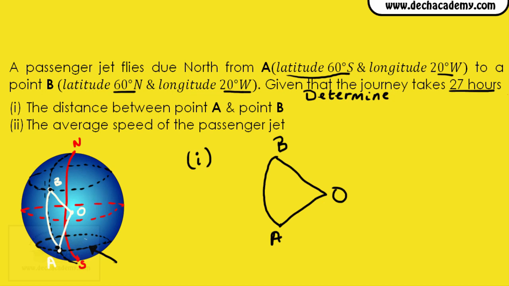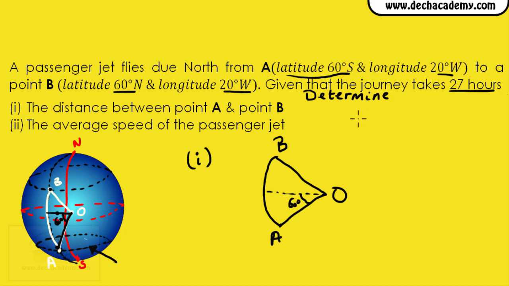So what do we know? We know that the latitude of A is 60 degrees south. That means that if I draw a line from O to A, and I locate a point directly below A that's on the same plane as the equator, the angle formed between such 2 points is equal to 60 degrees. And that's this angle here.